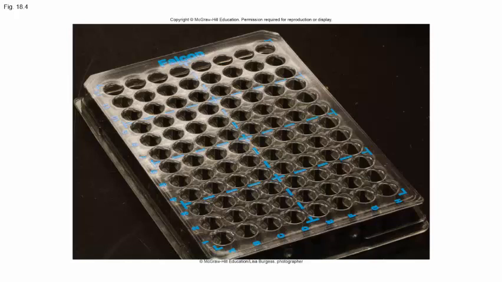For example, you see all these little wells here on this plate. If a reaction occurs at the dilution of 1 to 256, but not 1 to 512, then the antibody titer is 256.